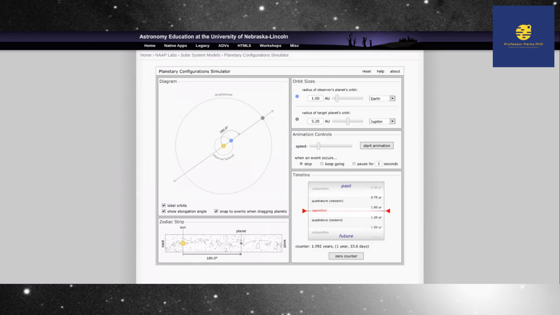So the synodic period in this case is far shorter than the sidereal period. So let me go back to the beginning. And so the sidereal period is, if I move this around, and now Jupiter is basically pointing in that direction.